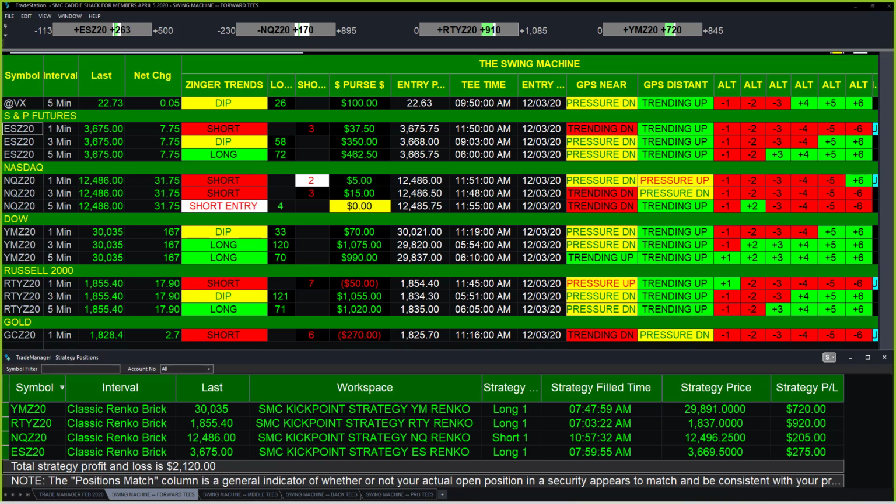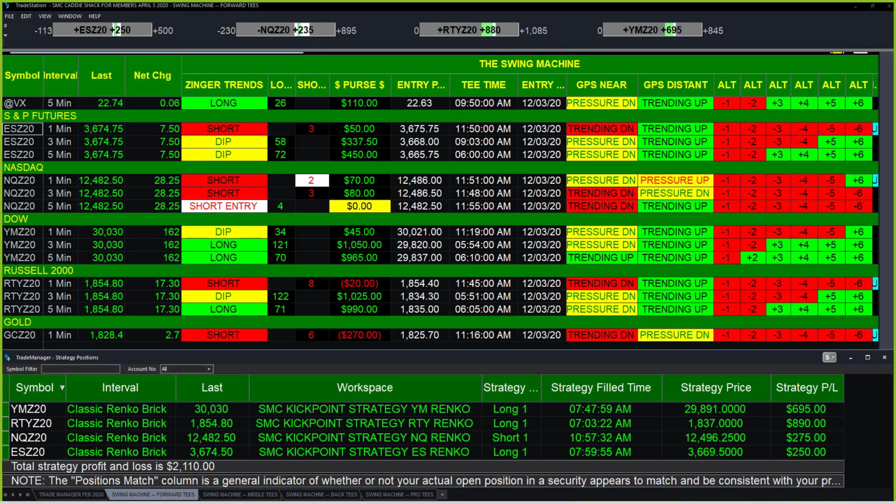For instance, the YM, the very first one there, shows the strategy profit and loss at 7:15, and we're at 7:15. So the machine automatically put in the trade long on the YM at 7:47:59 a.m. at 29,891, and you can tell just by the balances where they match, that is precisely the fill that we got.